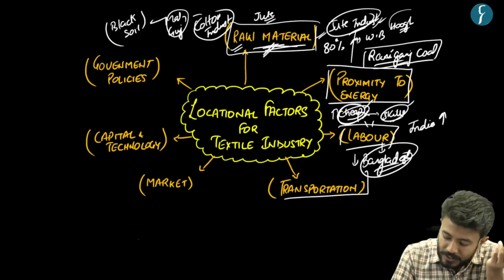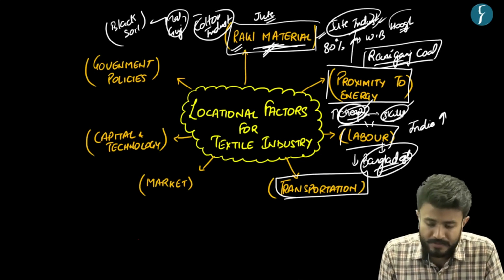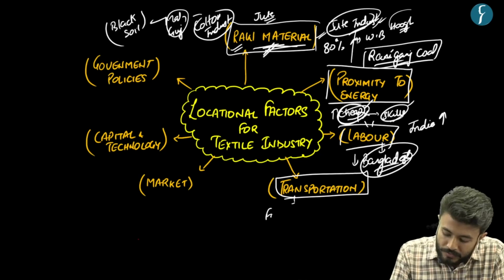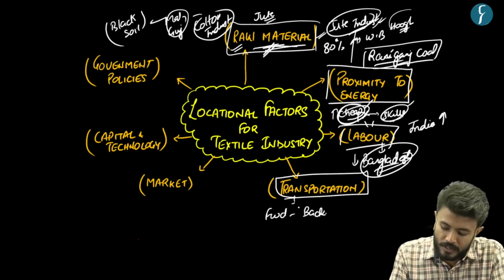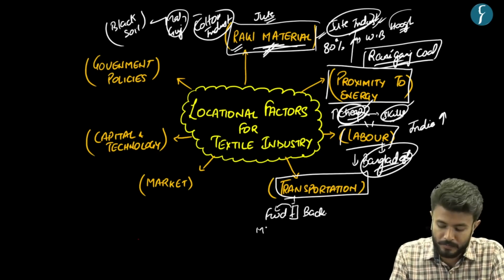Then when it comes to transportation, again we know for any industry, any factory to perform efficiently, we require forward as well as backward linkages. Now what do we mean by forward linkages? For example, let's say this is the industry. So the forward linkage of the industry will be with the markets.